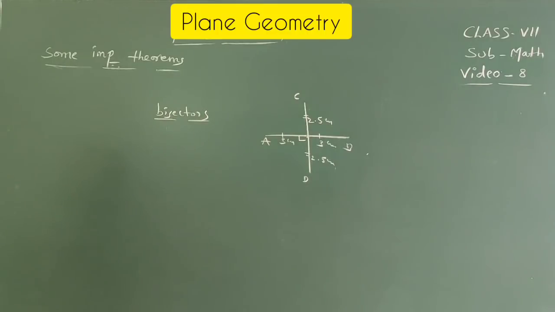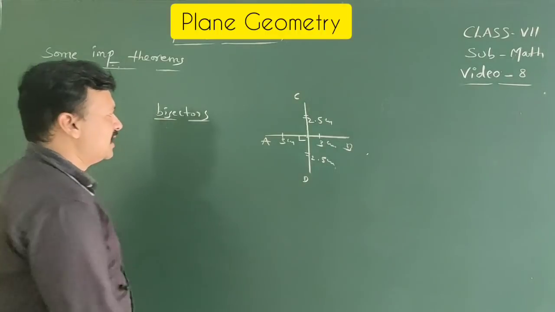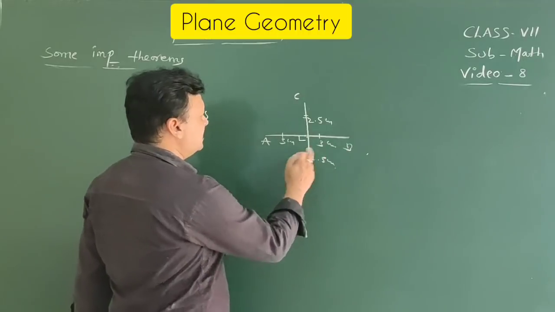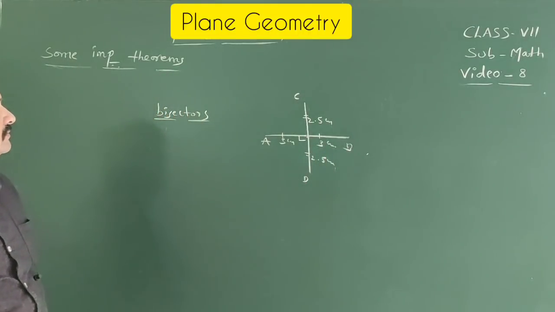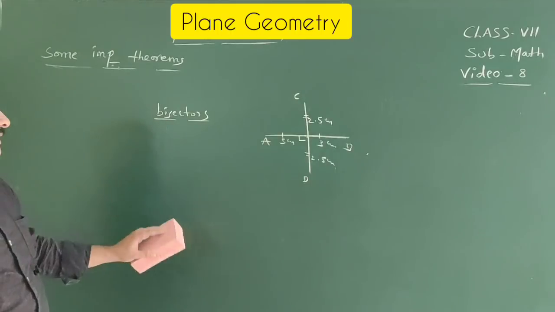Only perpendicular bisector means CD divides AB into equal parts and makes an angle of 90 degrees. If CD also divides it into two equal parts, CD 5 centimeters gives 2.5 and 2.5, AB 6 means 3 and 3. This is a perpendicular and equal bisector. These are bisectors.